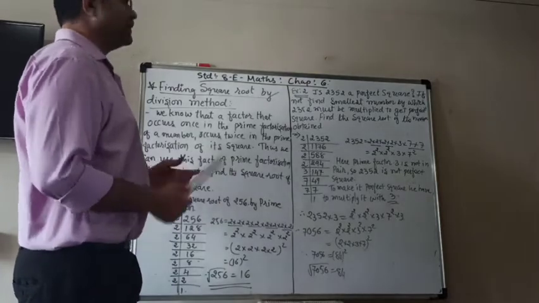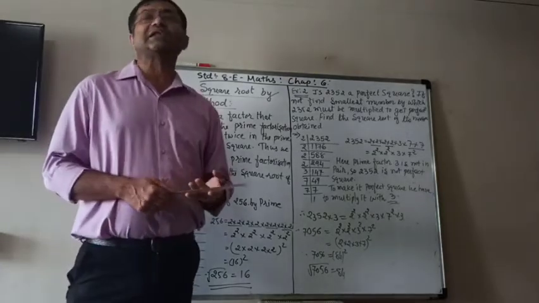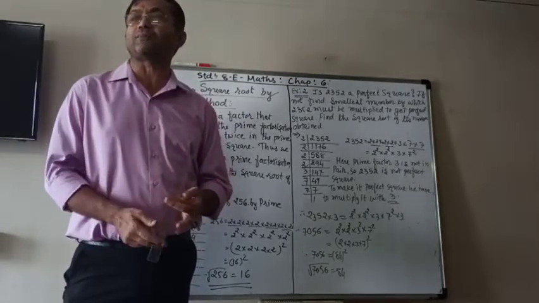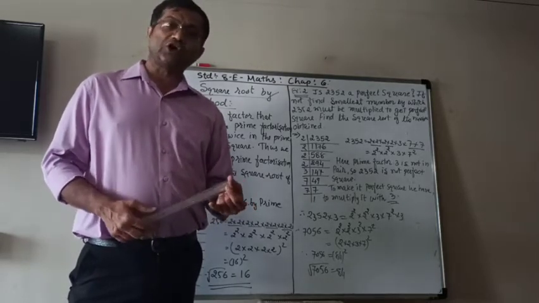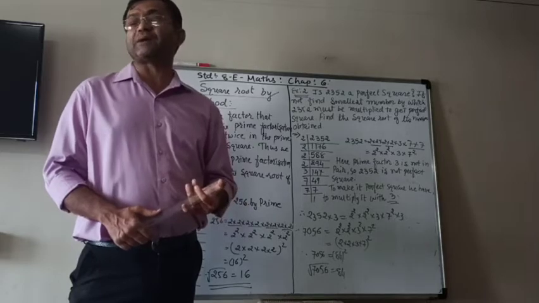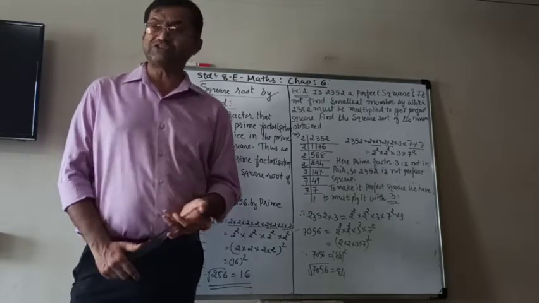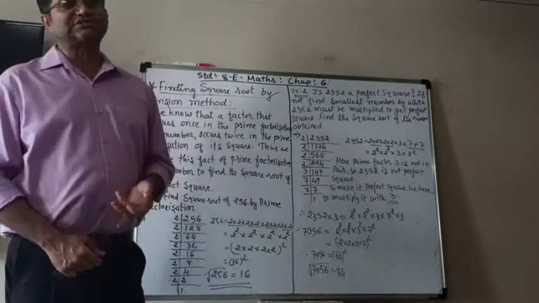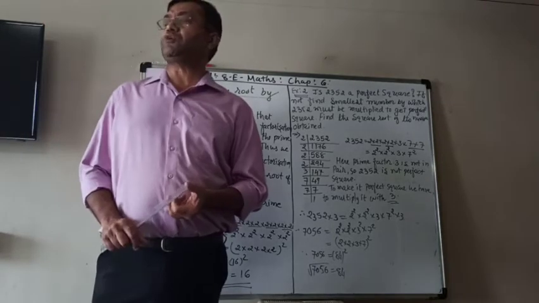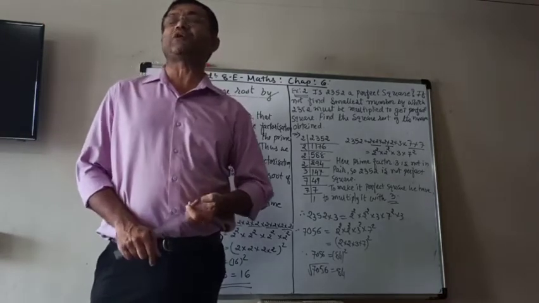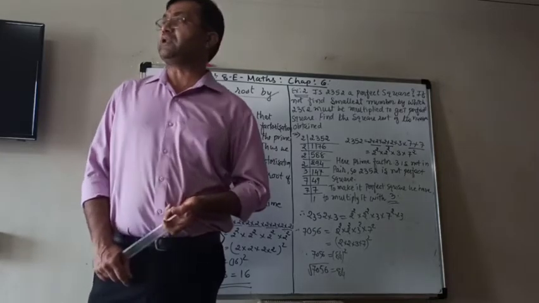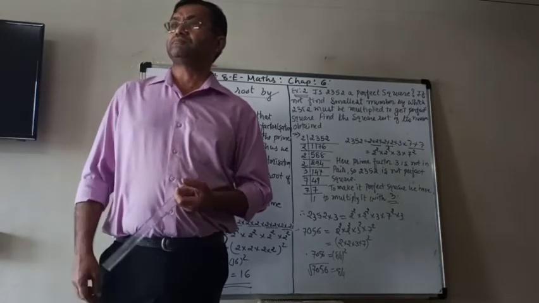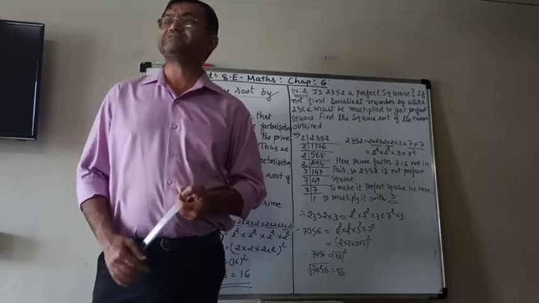Now, we learned one method in the last session to find the square root of a perfect square number, and that was the method of repeated subtraction, in which we subtract consecutive odd numbers starting from 1, and finally we reach a subtraction whose answer is 0.